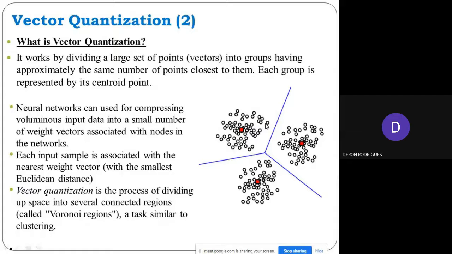Each of these regions is called a Voronoi region. Now, you can see that vector quantization is somewhat similar to clustering. Okay, so in clustering also we are forming clusters, but this is different. Here the pattern space is divided into connected regions which are called Voronoi regions. It is similar to clustering, but it is different from that.